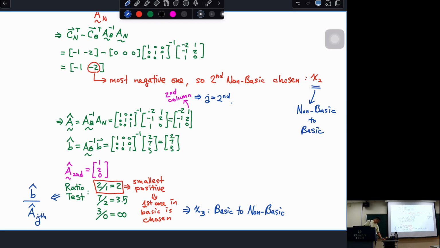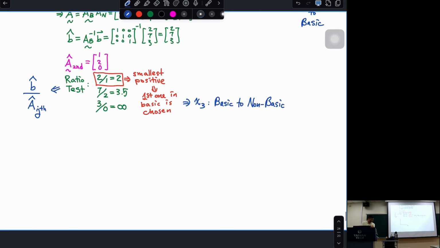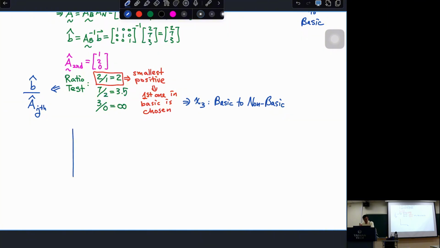If I use this particular example and draw the figure, as I mentioned earlier, we already decided to increase X2. Let's take a look at X3, X4, and X5.